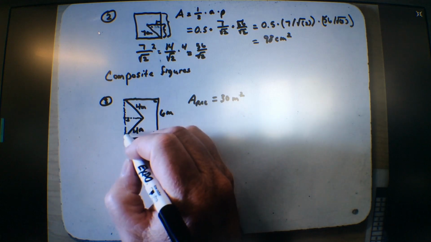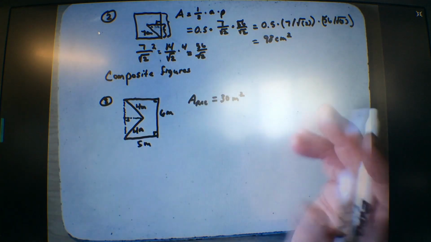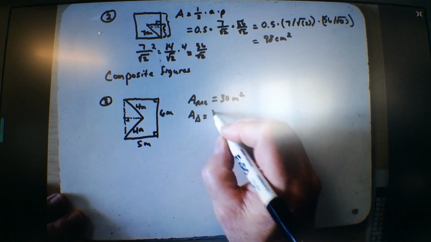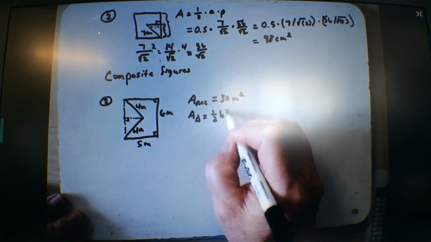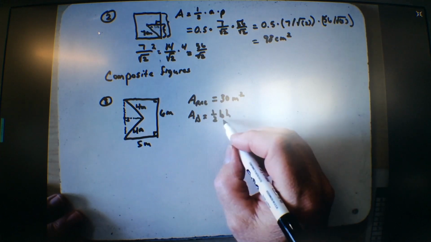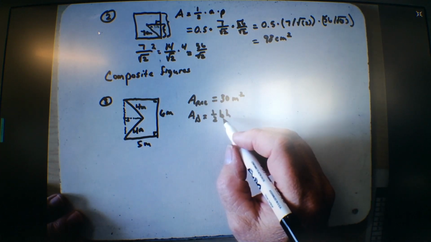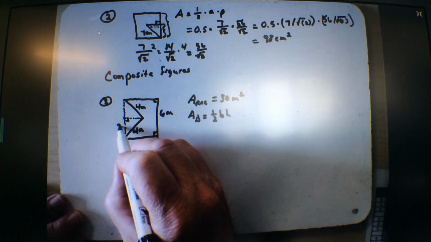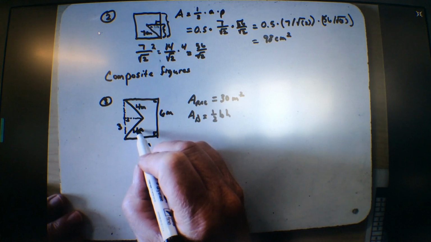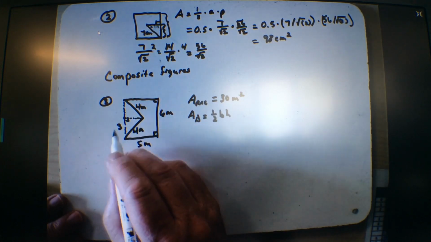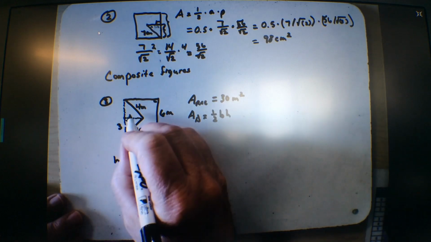And from here to here? 3. Because the whole thing is 6. I know that the area of the triangle is 1/2 base times height. I know the base is 6, but I've got to find the height, correct? So if this is 3 and this is 4, can I use the Pythagorean theorem to find the height? All right, so the height is little h.